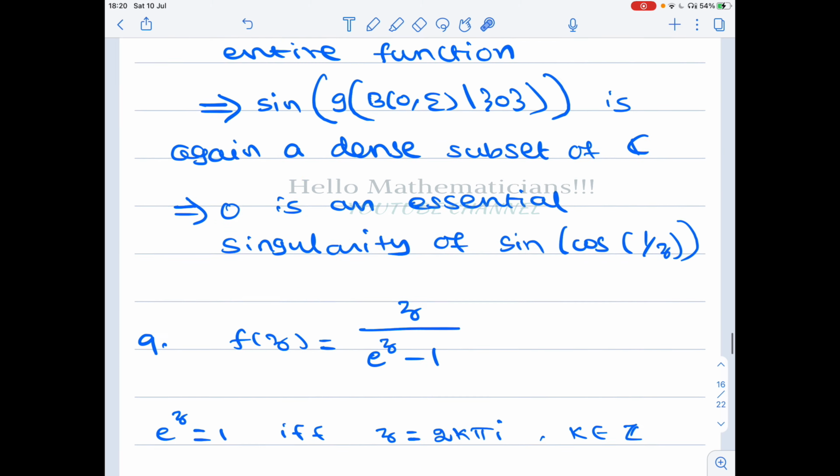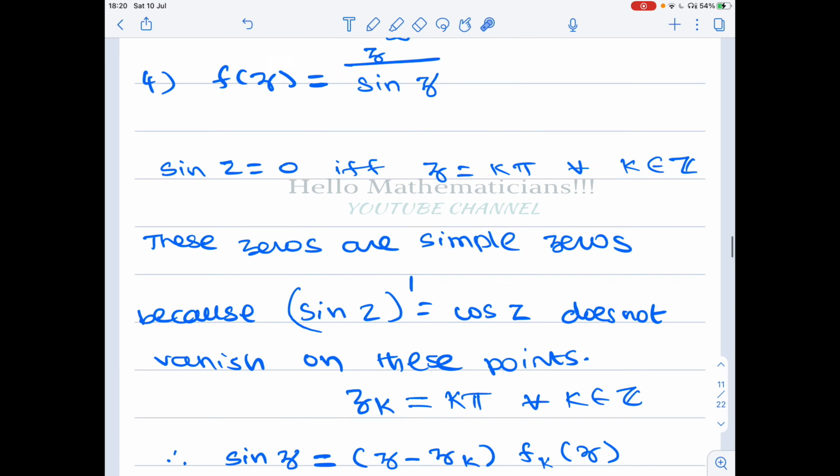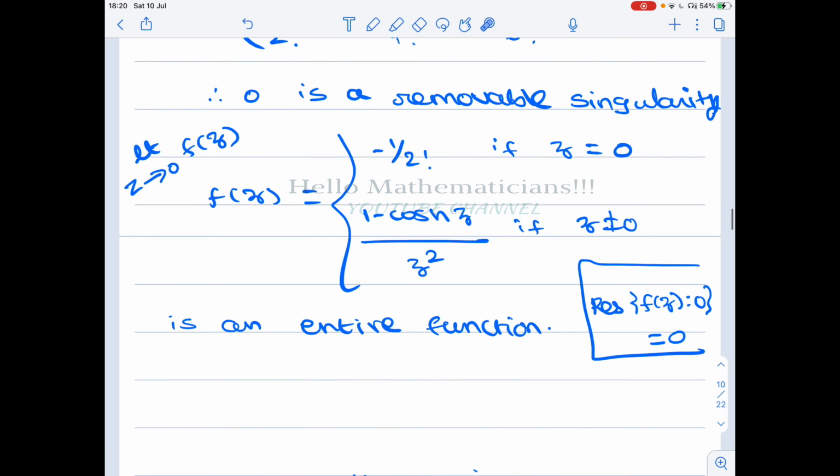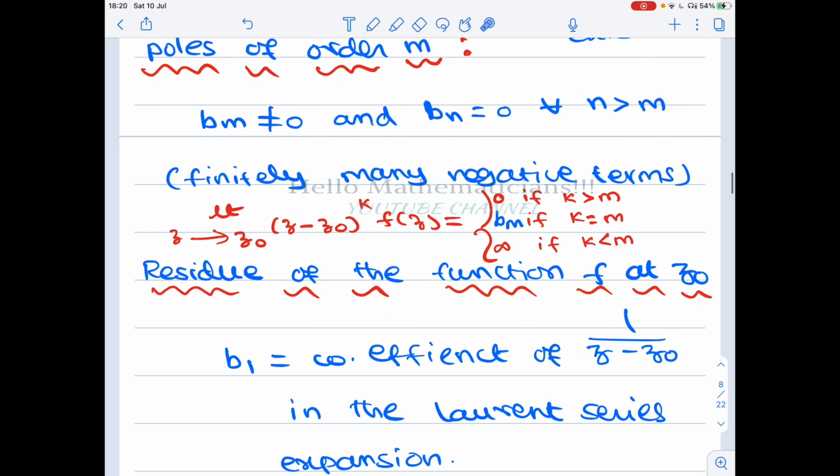Let's see what we learned when we were looking at poles. The limit as z tends to z naught of z minus z naught whole power k times f of z is a finite quantity only if k equals m. For larger k and smaller k, you will always get a different value.